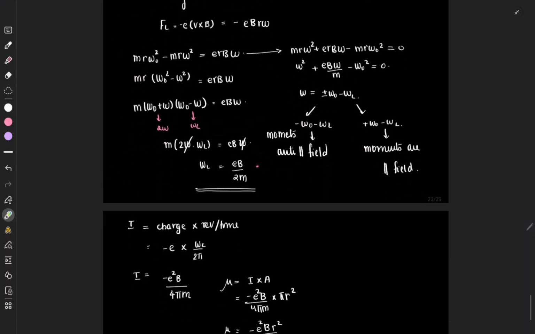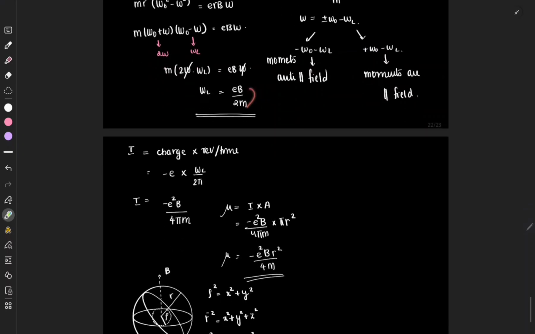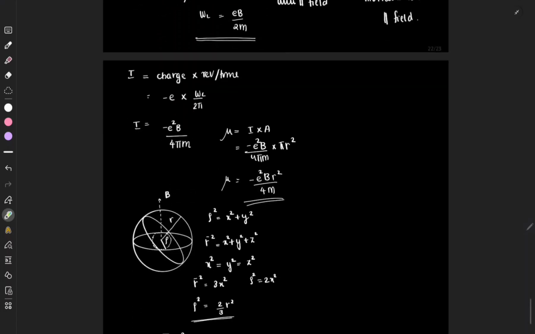You'll get the Larmor precession, the Larmor frequency eB by 2m, and from this solution you'll understand if the moments and fields are parallel or anti-parallel. Next, using this Larmor precession, you'll find I, and with that I, you find mu. Mu is equal to I cross A, and instead of pi r square you can write pi rho square, which is a mean square radius.